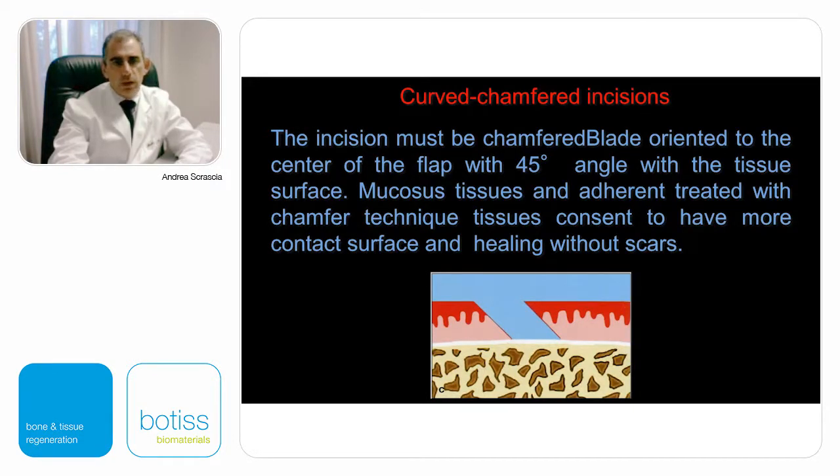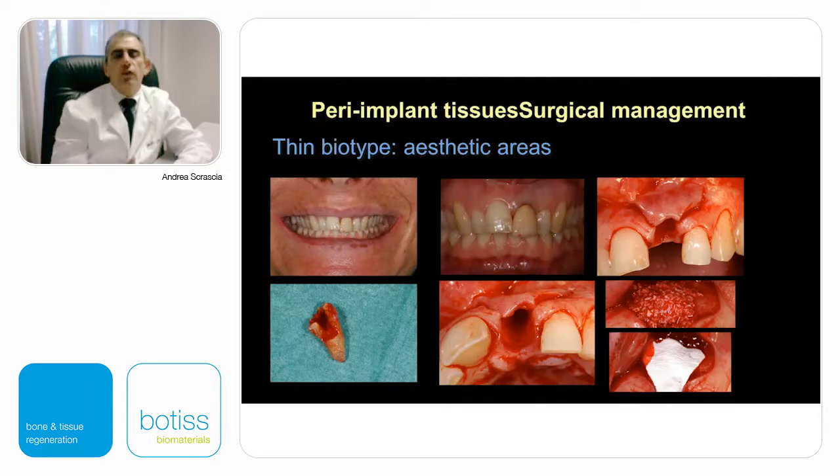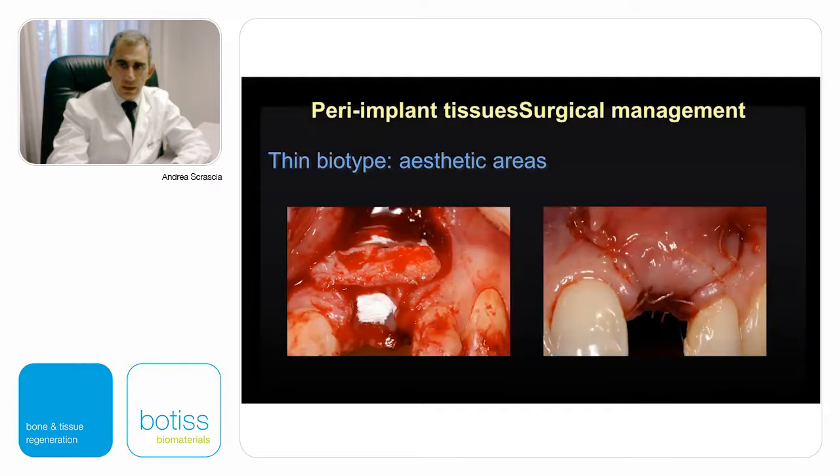For example, this is a 40-year-old patient coming to the office for a fracture of the central left incisor. The patient had a thin biotype. I executed an incision under the tension of the alveolar mucosa to the interdental papilla, and I regenerated the bone defect and increased the soft tissue.